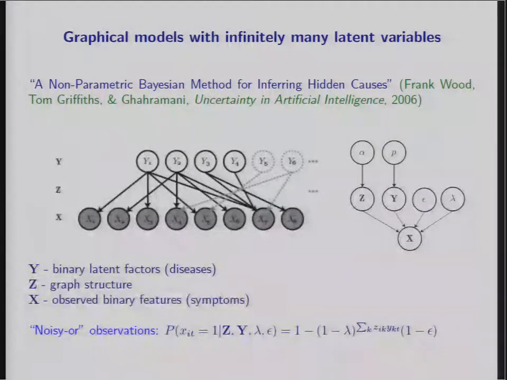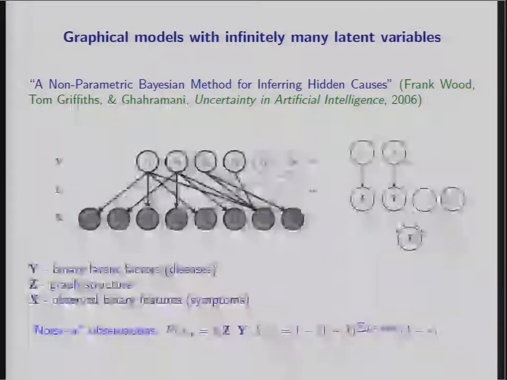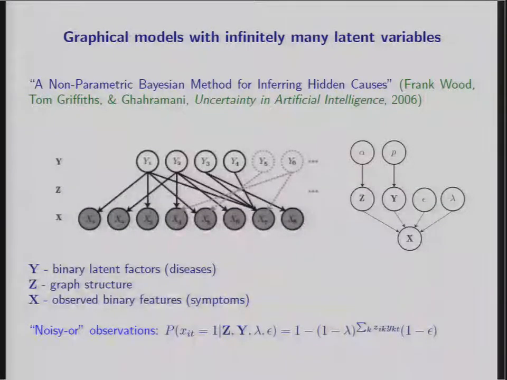I won't go into the details of it, except that we used a prior on the graph structure. The graph structure can be thought of as a binary matrix, which gives you the adjacency between hidden variables and observed variables. We used an Indian buffet process as a prior on the graph structure because it had some reasonable properties which allowed us to do inference when we have infinitely many hidden variables.